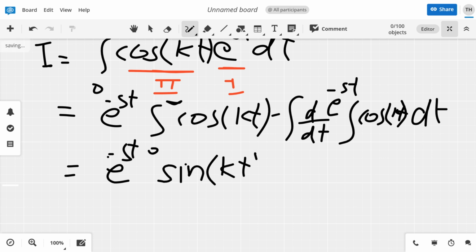This is the integration of cos kt divided by k. We will apply the limit 0 to infinity. When you take the derivative of the exponential, minus s will be common, and when you take the integration of cos kt, then 1 over k will come.